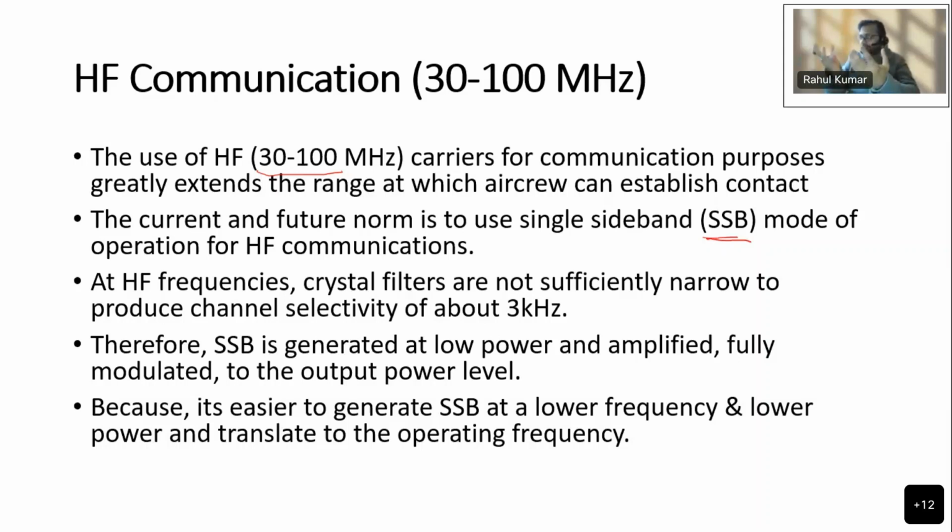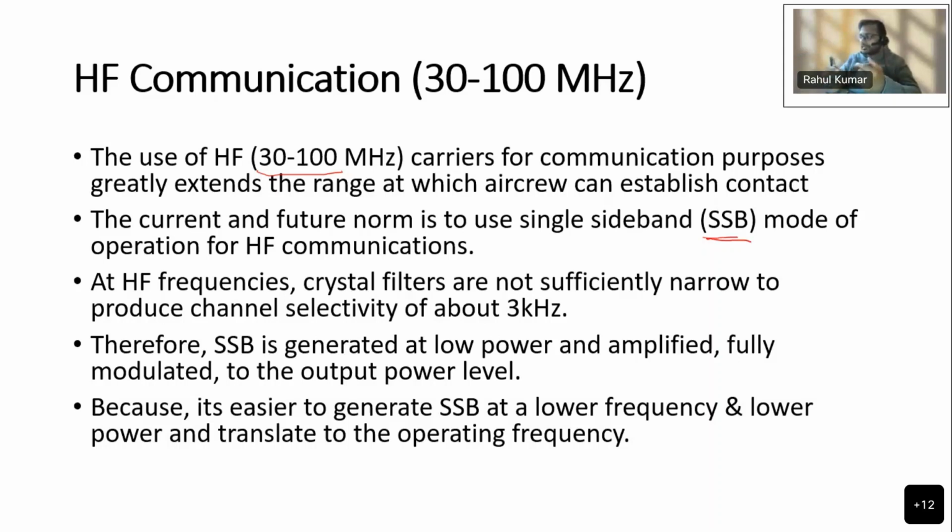So at the high frequency range, the crystals are not sufficiently narrow to produce the different channels which we need for multiplexing. So therefore we use a low frequency signal, and then we convert it into high frequency. Okay, in HF communication we first of all use the low frequency signal and then convert it into high frequency.